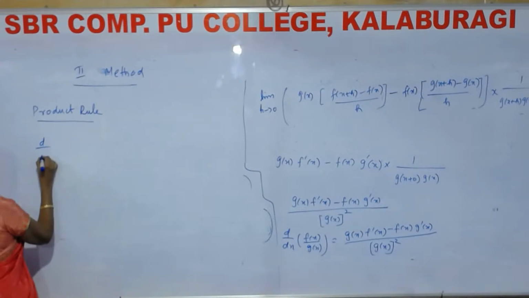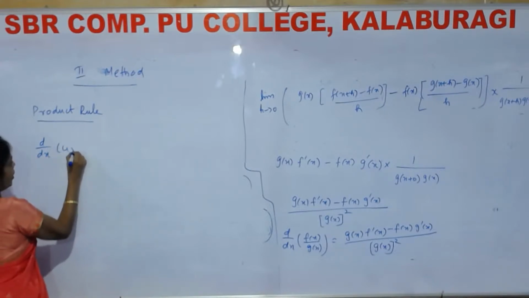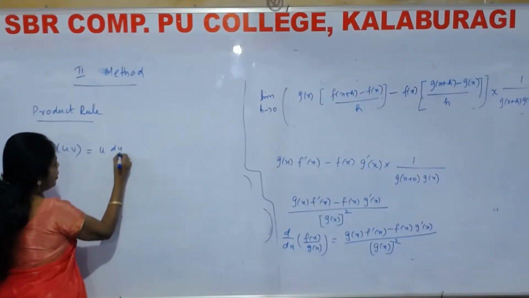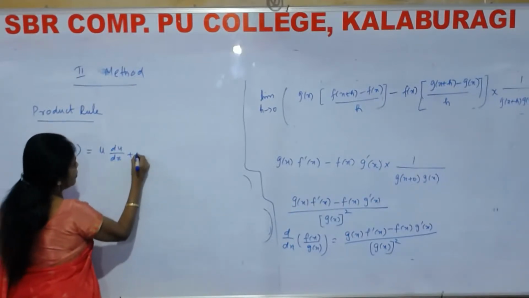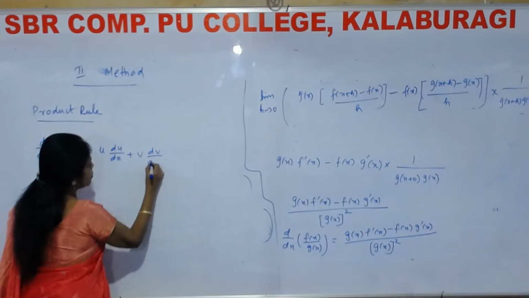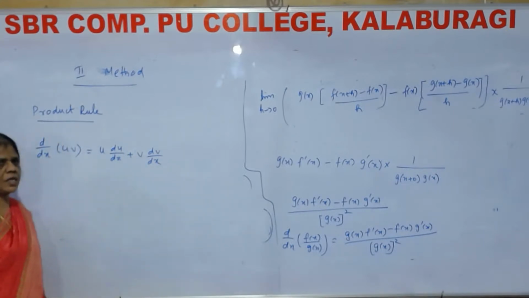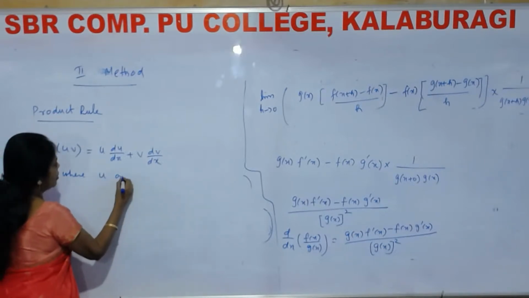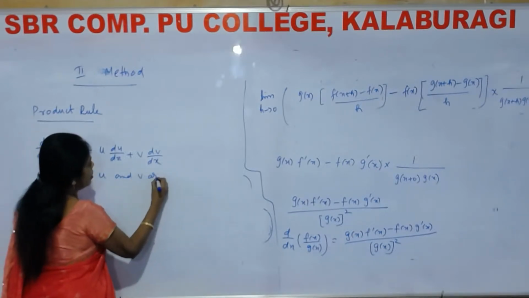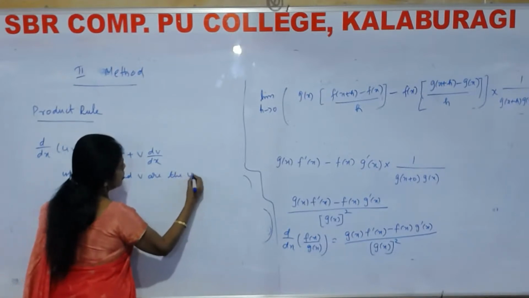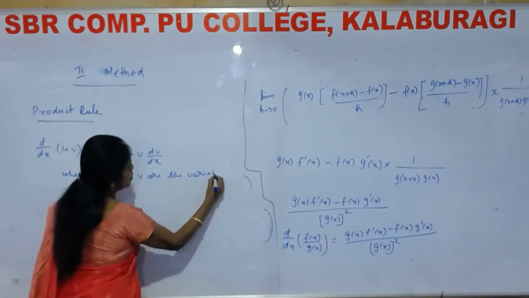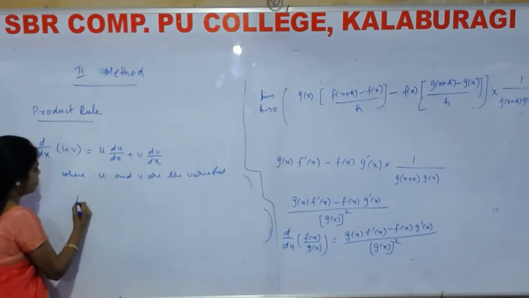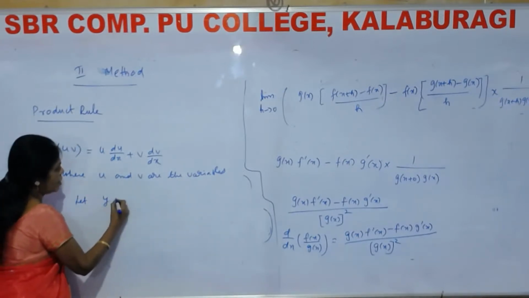So d by dx of uv equals u into du by dx plus v into dv by dx, where u and v are the variables. Okay. Now let y equal to uv.